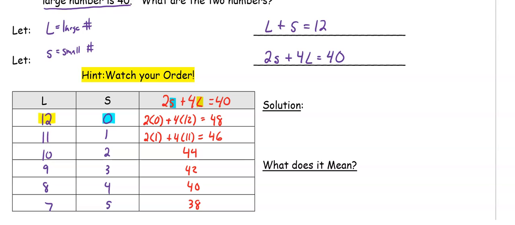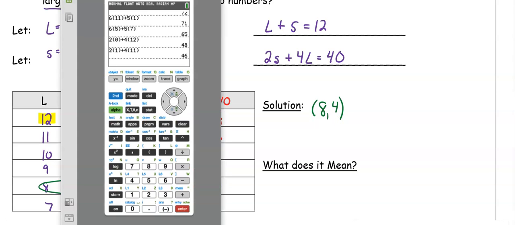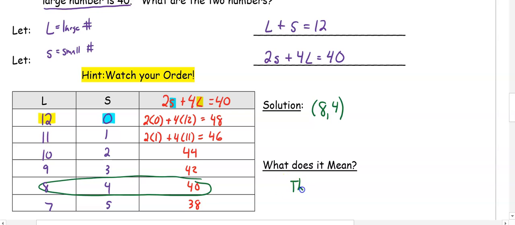We want the row that equals 40, so our solution is 8, 4. In our calculator, I can also double check it: 2 times 4 plus 4 times 8 gets us 40. So this means the large number is 8 and the small number is 4.